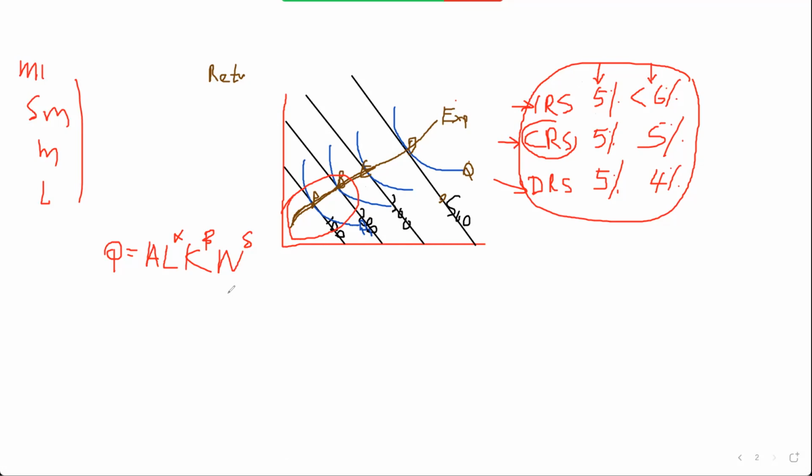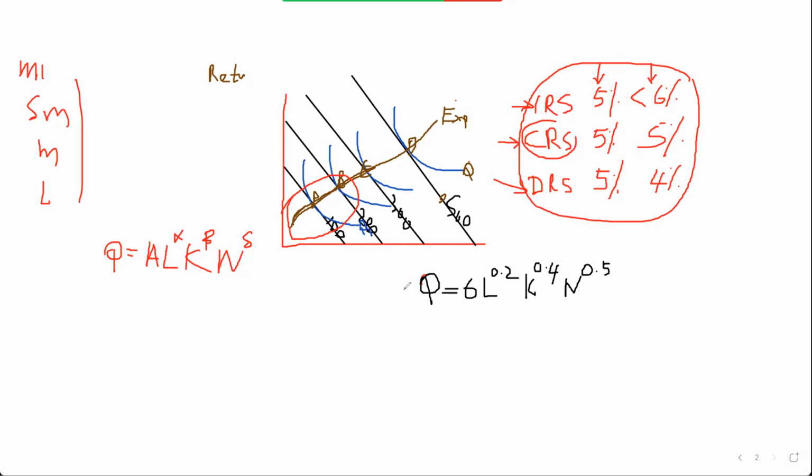For that, let's say you estimate the production function, I write it with the value Q equals 6, L with 0.2, K with 0.4, N with 0.5.